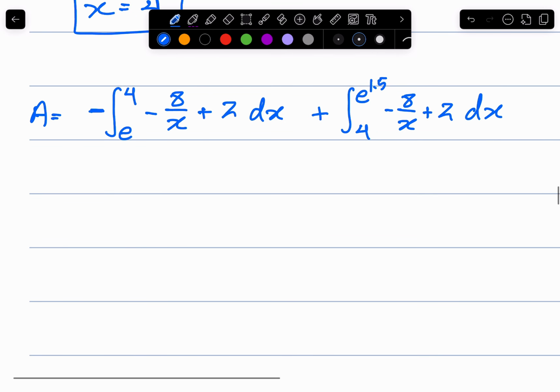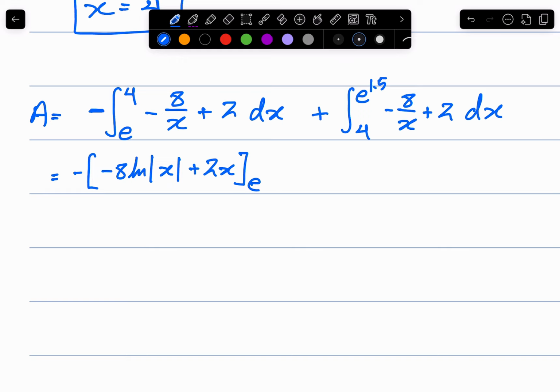Let's integrate these now. The negative outside, the negative of the integral, retains there. The integral of negative 8 on x is going to be negative 8 ln absolute value x. The integral of 2 is just 2x.